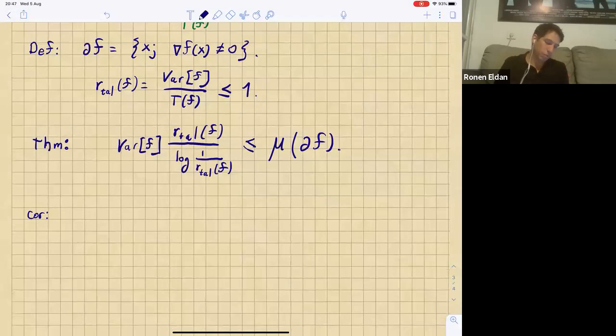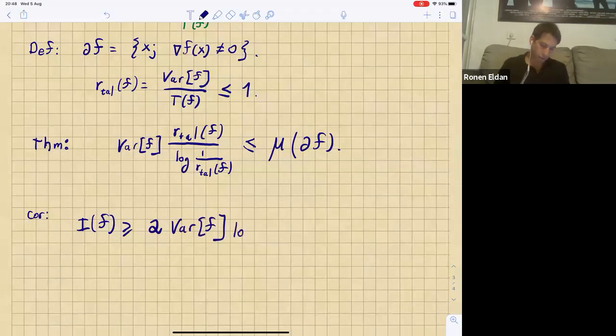Just to quickly remind you, the isoperimetric inequality says that the total influence of f is at least 2 times the variance of f times log 1 over the variance of f. This is log base 2.